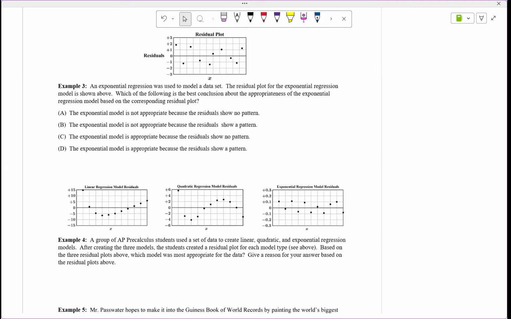Discuss when you're ready. Wait, 3 through still? Just 3 and 4. 3 and 4.